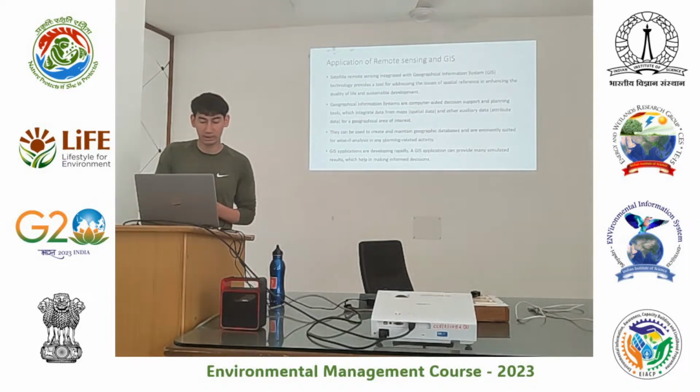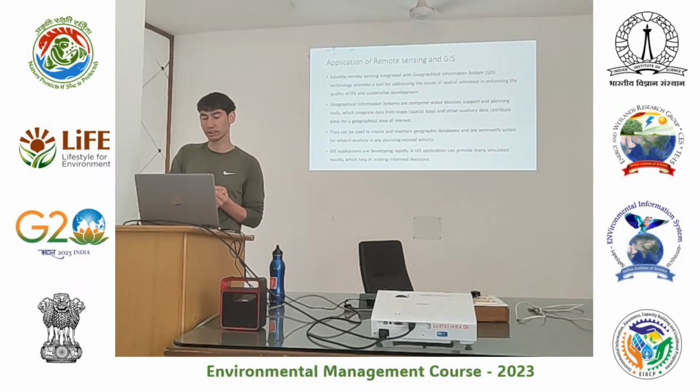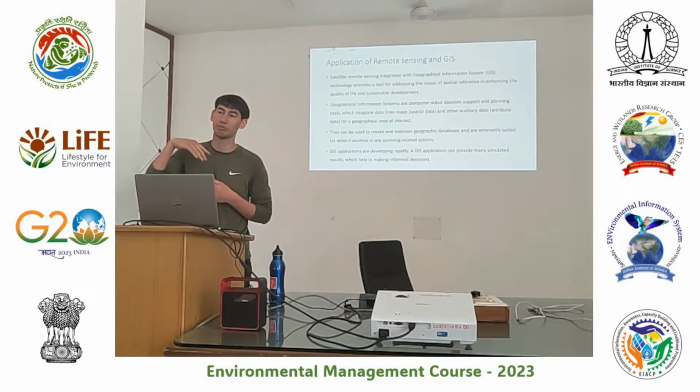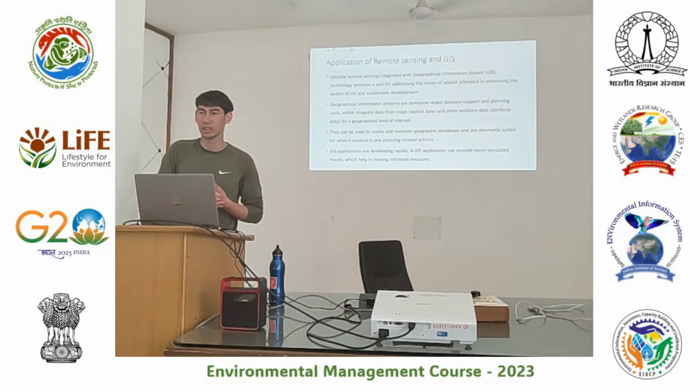GIS applications are developing rapidly as the technology develops, and a GIS application can provide many simulated results which help in making informed decisions. So we can make prediction models in GIS also, where we can see the likely scenario for the next 10, 20, 30, 40, or 50 years.